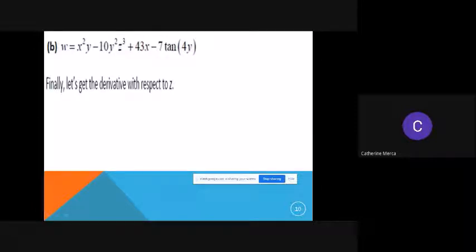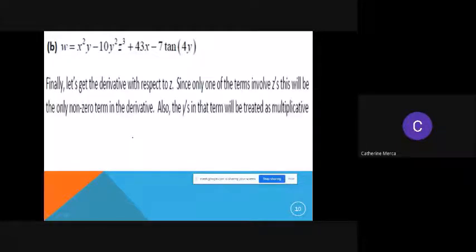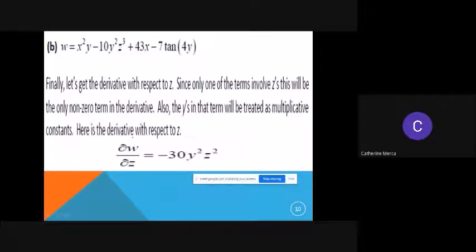With respect to z, this time this becomes 0, because there is no z. Before, it was z cubed, so 3z squared, and then there is negative 10, so negative 30 z squared y. Correct? So the value will now be negative 30 y squared z squared.